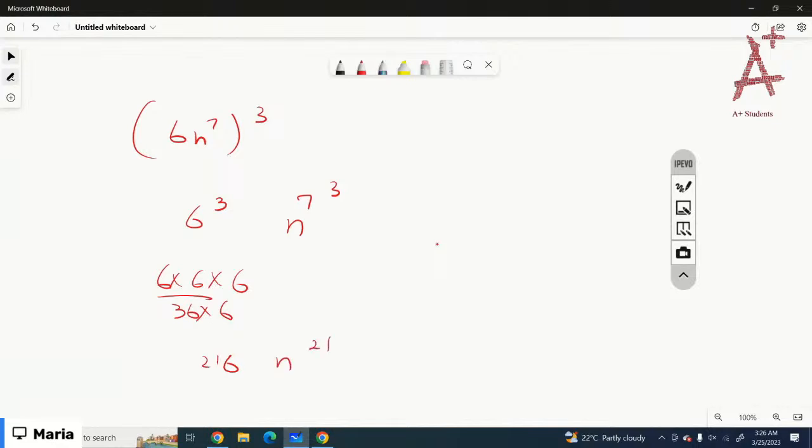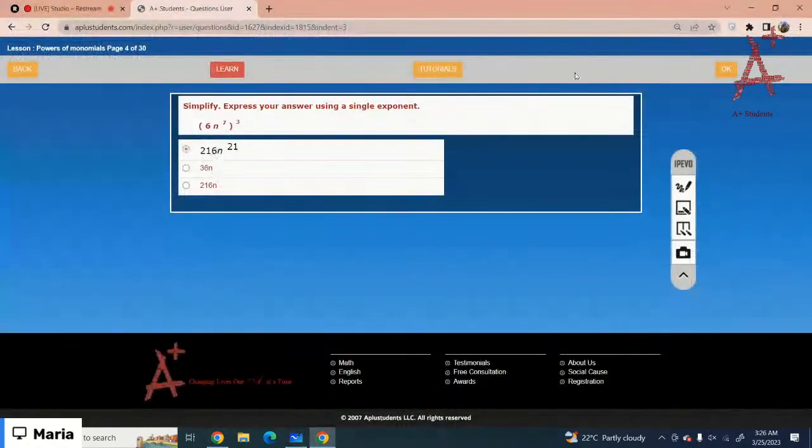And 7 times 3 is 21. So it would be 216 n to the 21. Got it? The correct option is option number 1.